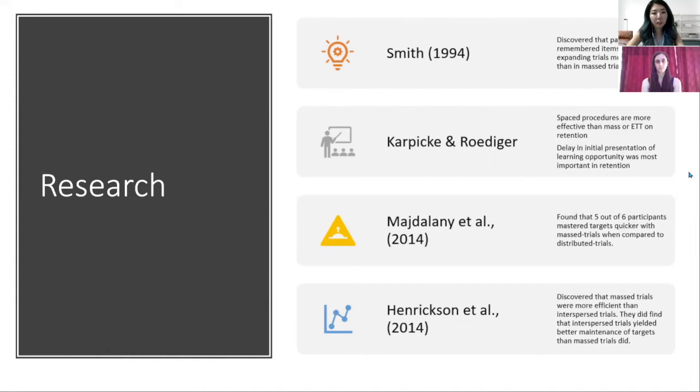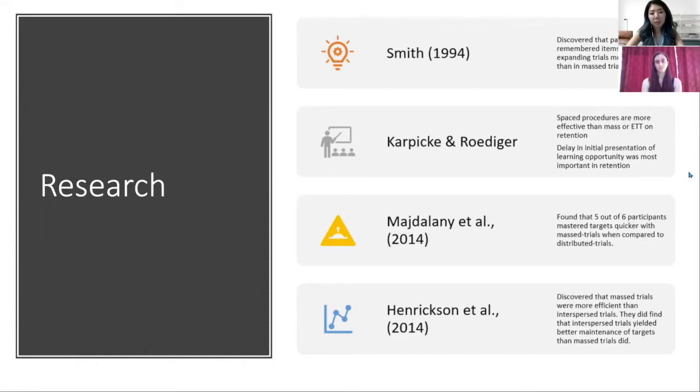Then in the Carpenter and Roediger study, they found that when comparing spaced, massed, and expanding trials, spaced procedures were actually more effective than massed or expanding trials on retention.